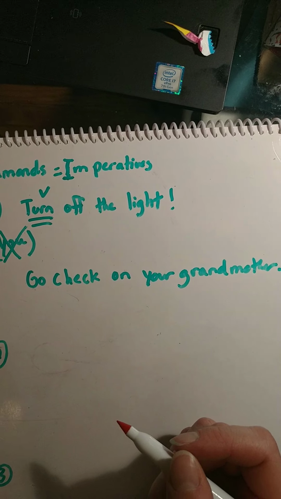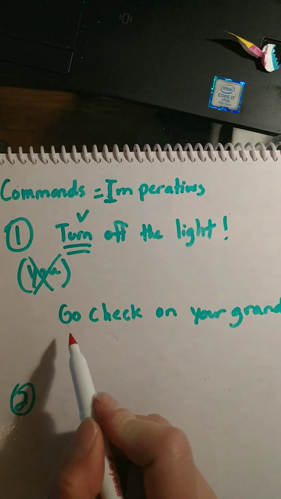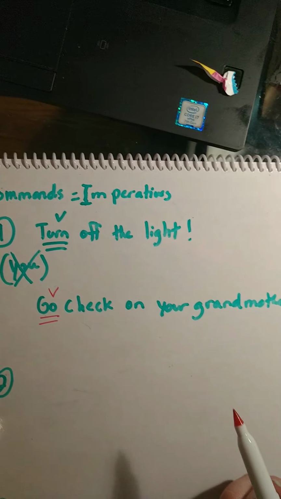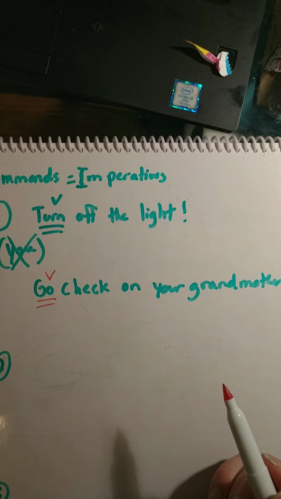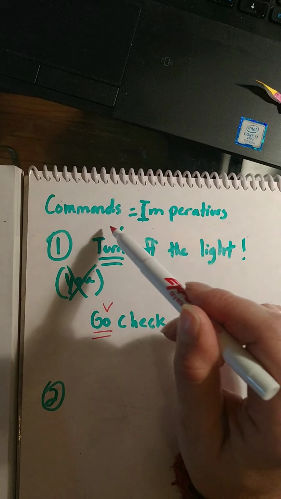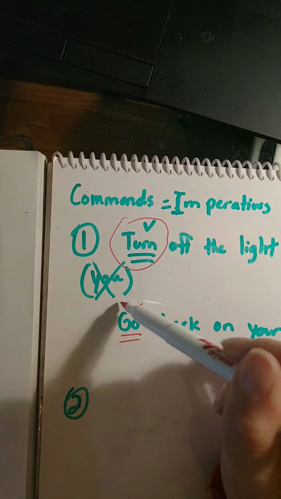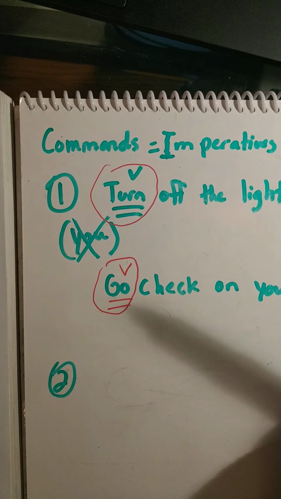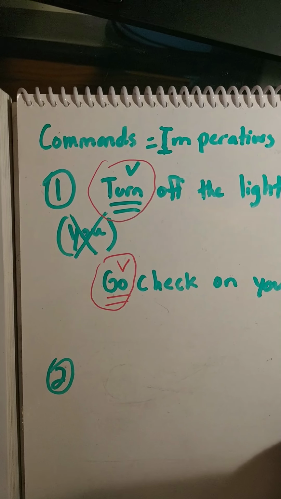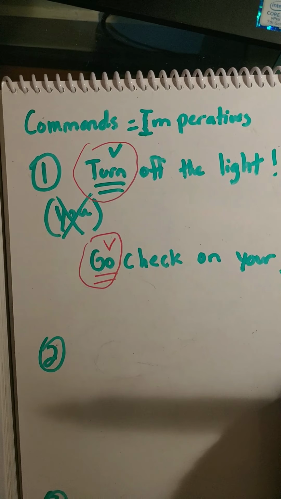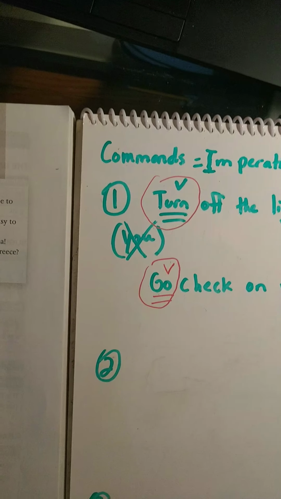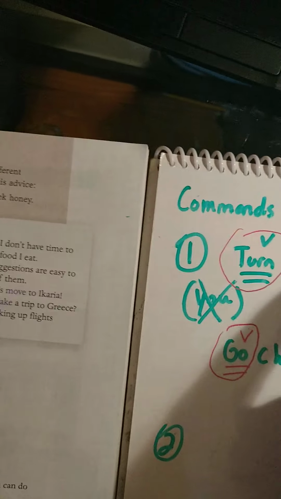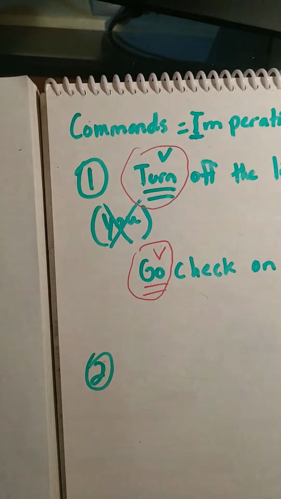We have a verb, which is go, but no subject. As you can see, this verb is in the base form. We don't change it in any way in a command. So that is the first thing, and this is called an imperative.